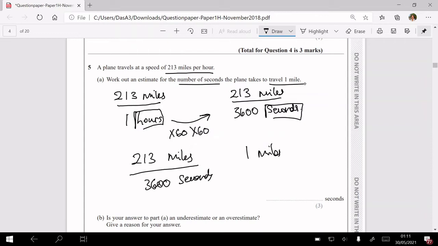You currently have 213 miles, but you only need 1. So how can you go from 213 to 1? Divide by 213, and you do the same thing to the denominator, divide by 213. You can do long division here.